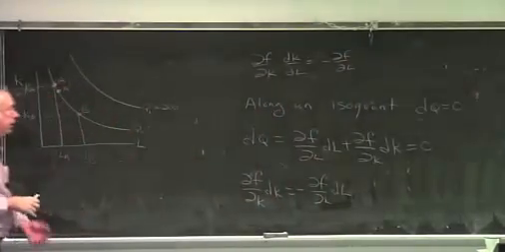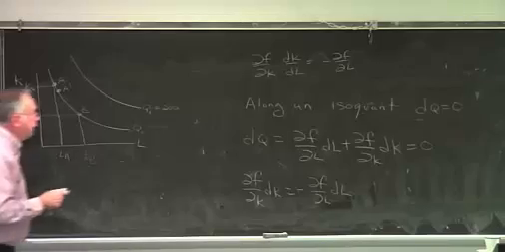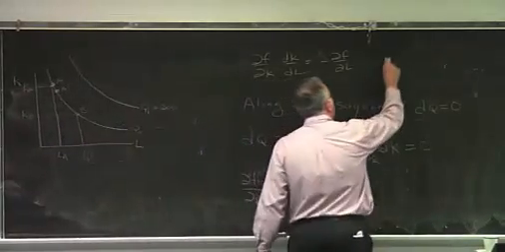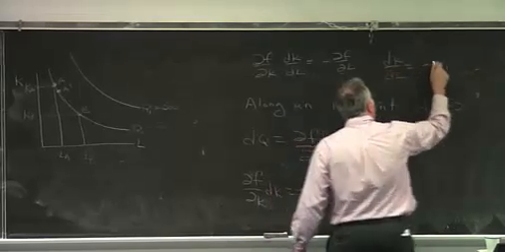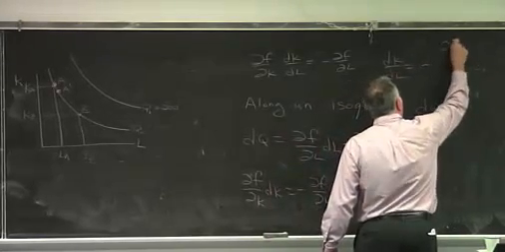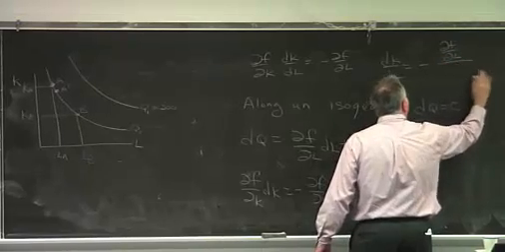And then dividing both sides by the partial derivative of f with respect to k, we finally get dk/dl equals minus 1 times partial f partial l over partial f partial k.